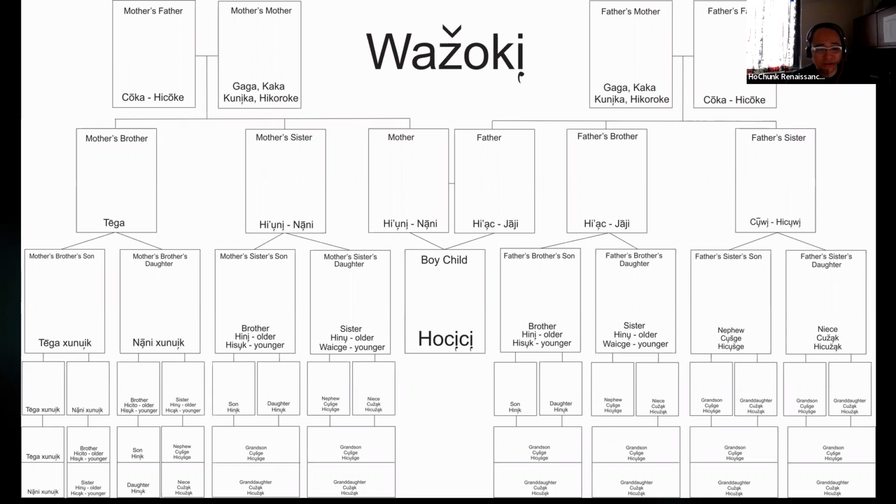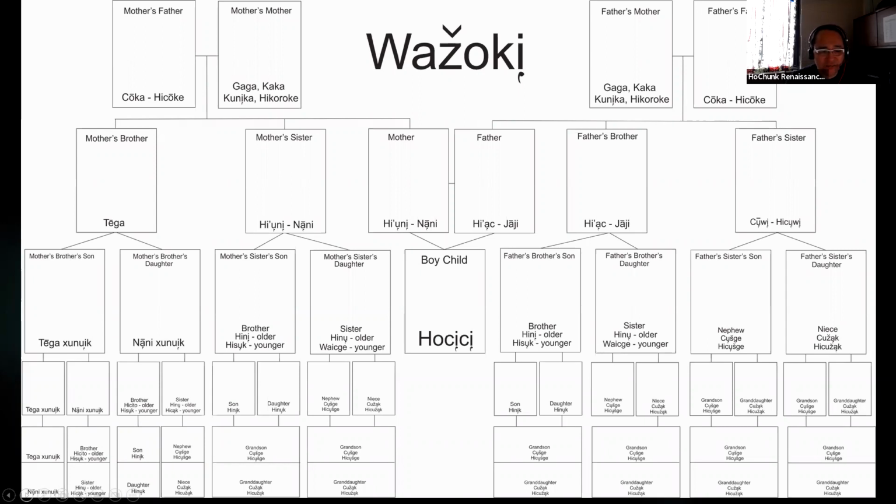Over here, he's Choka, he's also a nephew in some terms, Tega kunoink. Nephew. As we continue on to each level, we have Hichiro, brother, younger brother. And then we have sister, and he also gets to claim sibling terms too.